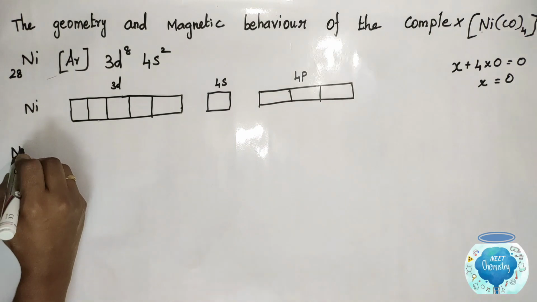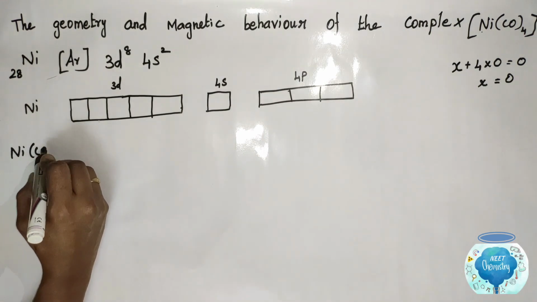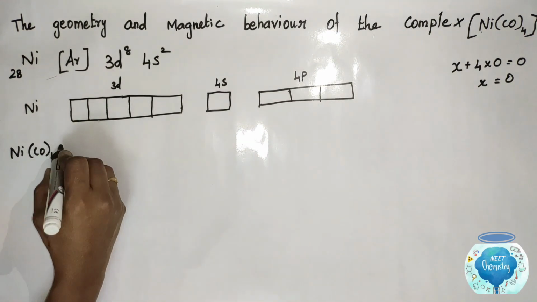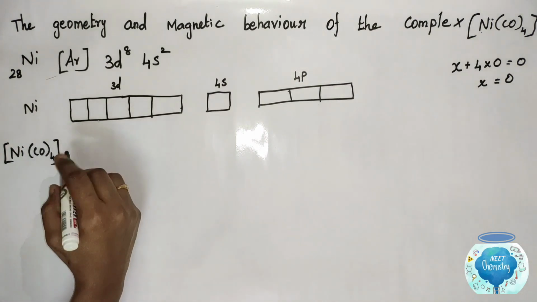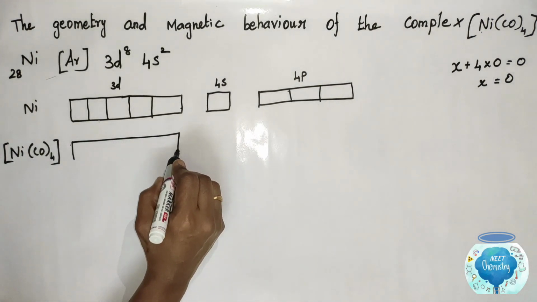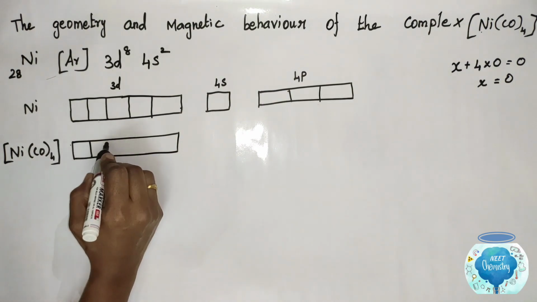Then we write the orbital state for this complex. The oxidation state value is 0.